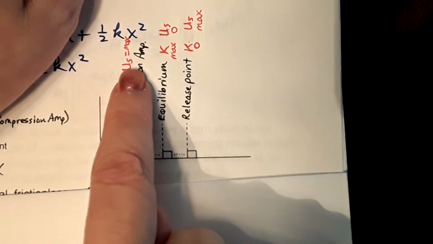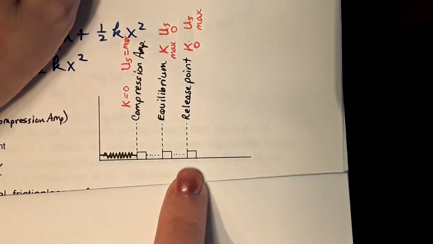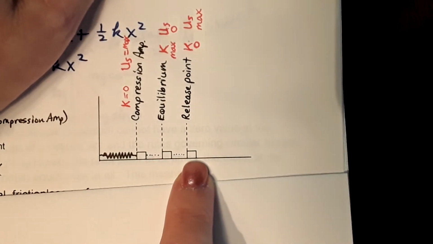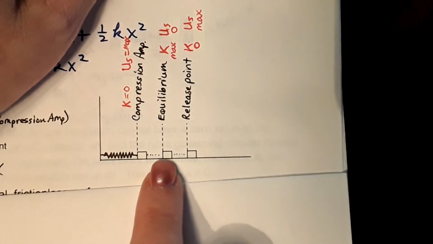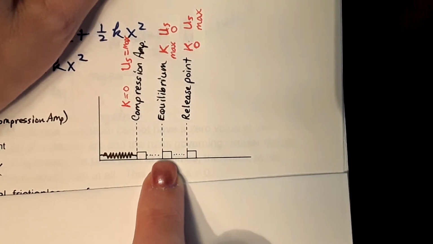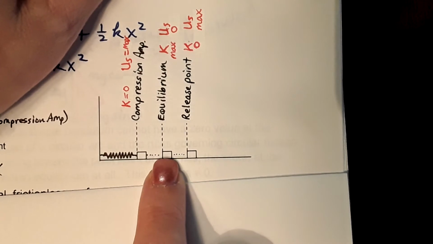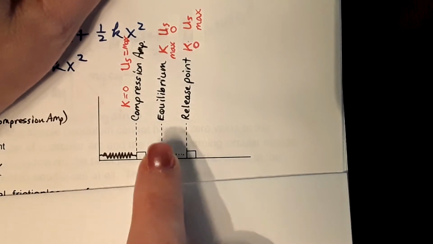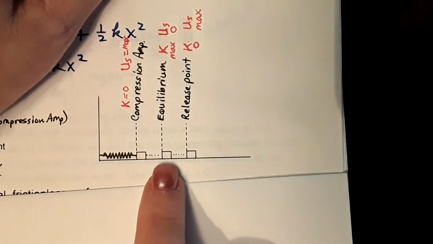You would have spring energy at the two amplitudes because that's where you have the maximum compression and the maximum stretch. But as it goes back towards equilibrium, the spring energy decreases until it's zero at equilibrium, because at equilibrium, it's no longer stretched or compressed. It's its original length. So no spring energy right here.